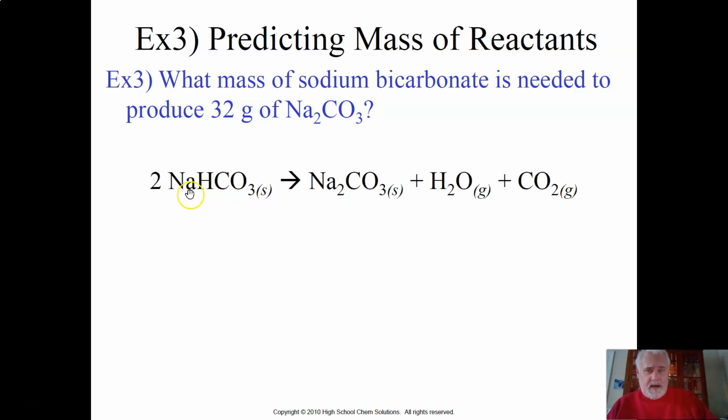But this one, it's already provided for you, and you could do any combination you wanted. Starting with this, how much of this you get. Starting with that, how much of that do you get? If you knew you had this much product, how much of that product? And you could do so many different combinations.